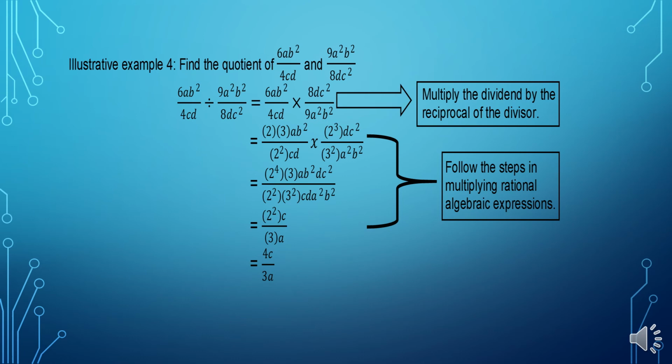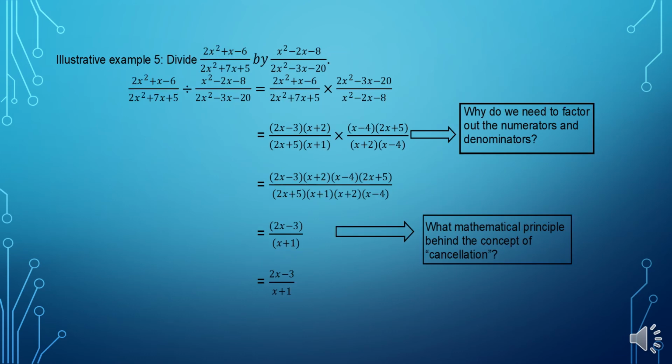So here in illustrative example number 4, it is a division problem. So no need to explain, just understand the problem and the process, same with illustrative example number 5.